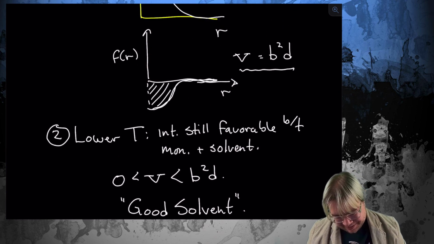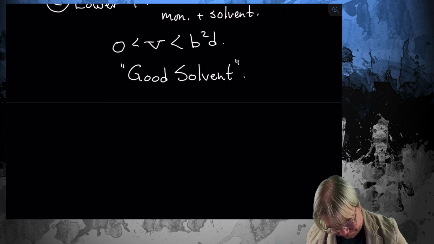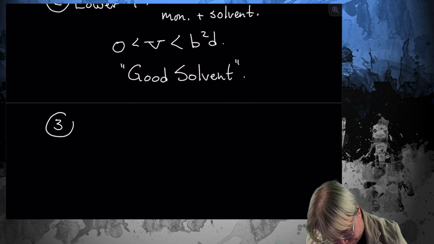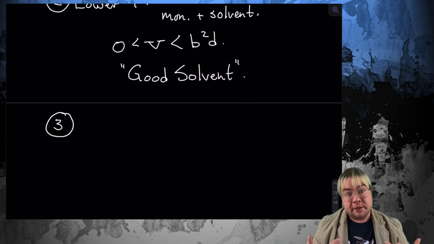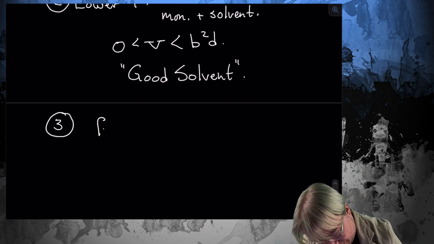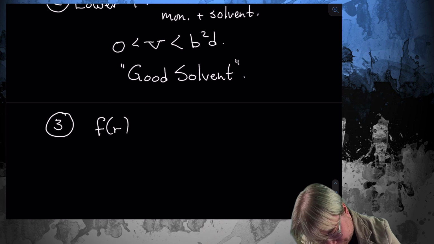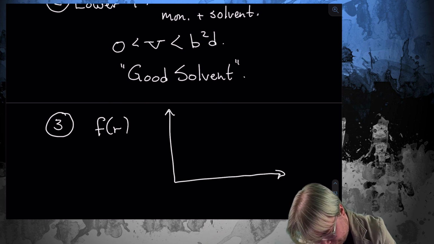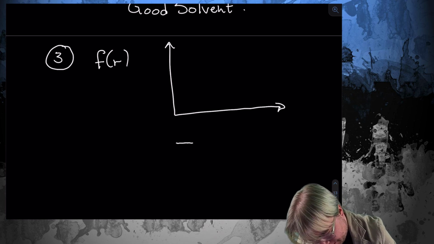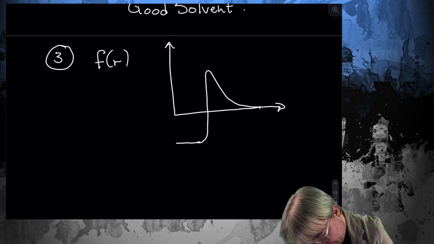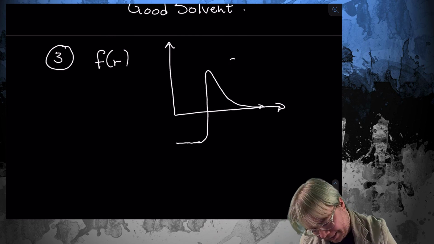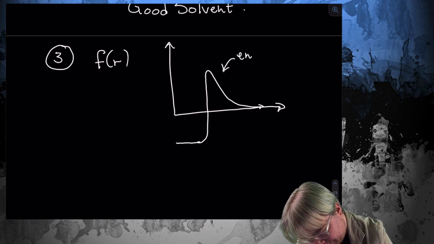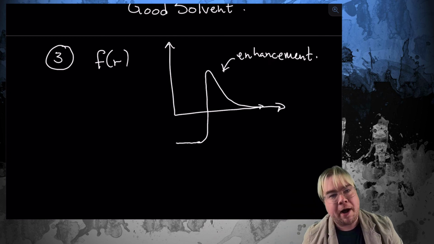Anyway, so what you can see is that if we lower the temperature further so that we're no longer in the good solvent case, then if I plot this Mayer f function, eventually I'm going to arrive at the case where I'm going to have this negative region, and I'm going to have this enhanced region. So I'm going to have enhancement. Why?